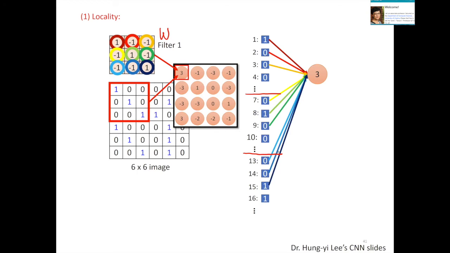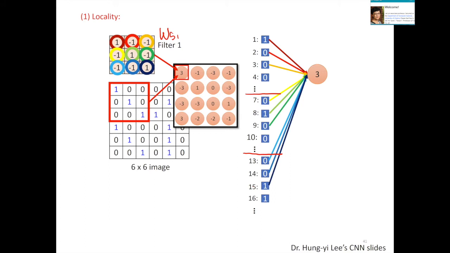So this shows W, S1 is only connected to the first positions 1, 2, 3 in this vector, and the second connects to 7, 8, 9, and then it connects to 13, 14, 15.